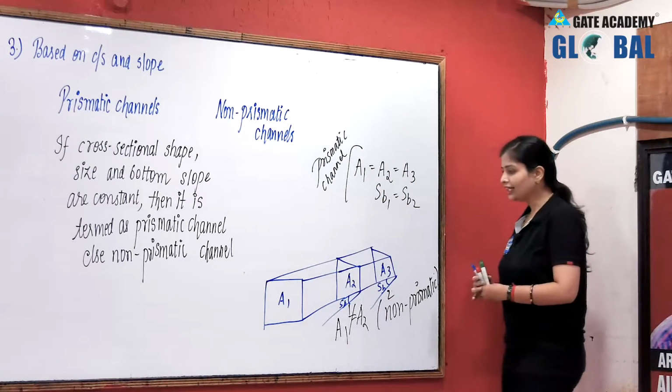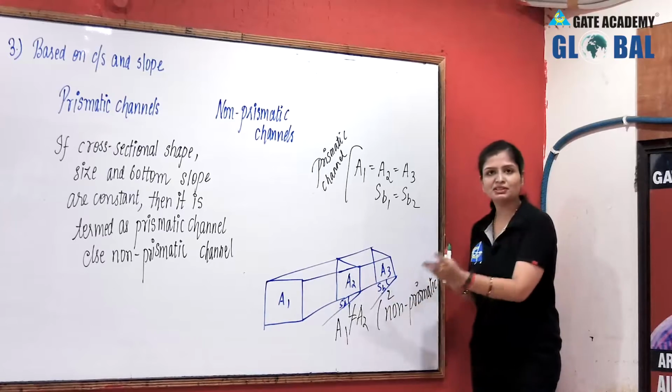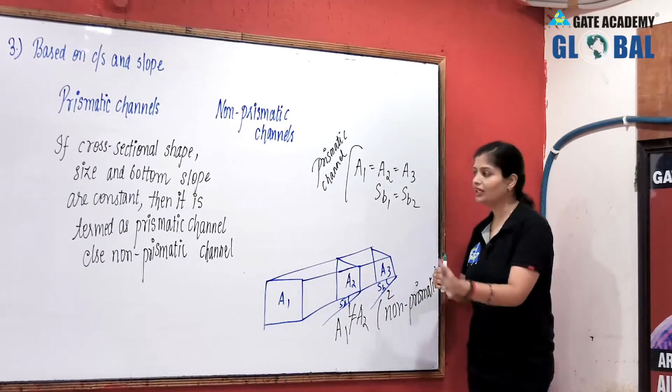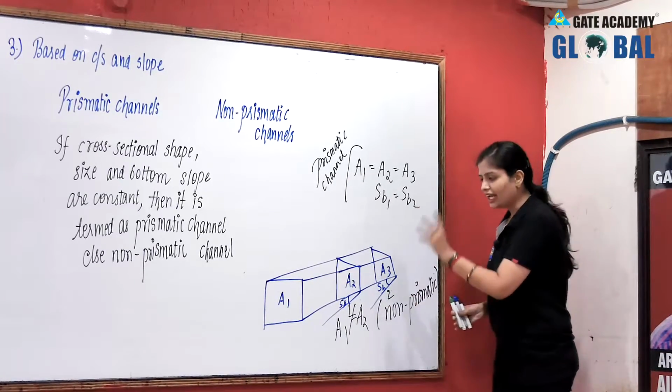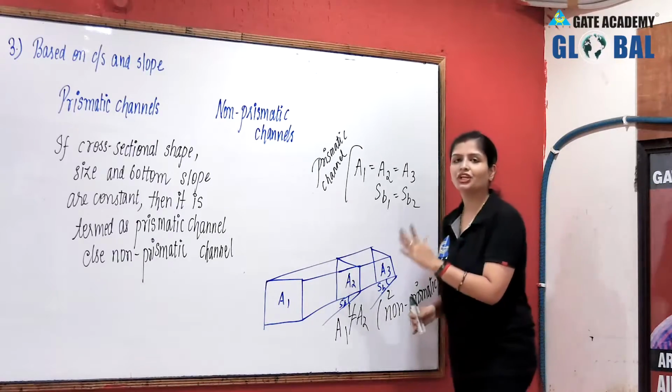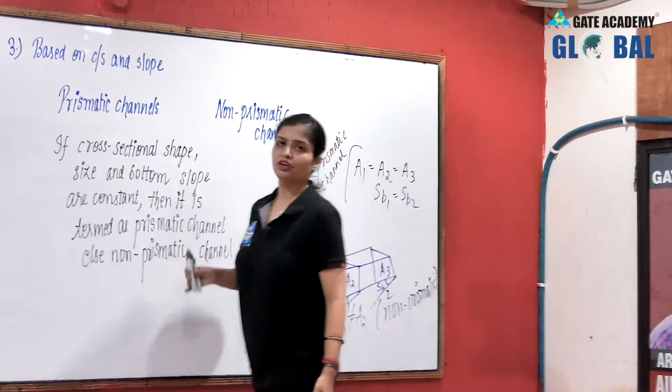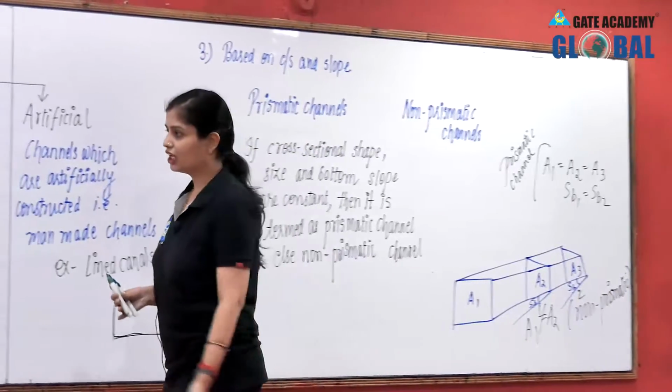If the cross-sectional shape, size and bed slope are all equal, then it is a prismatic channel. And if any one of these three varies, it is a non-prismatic channel section.